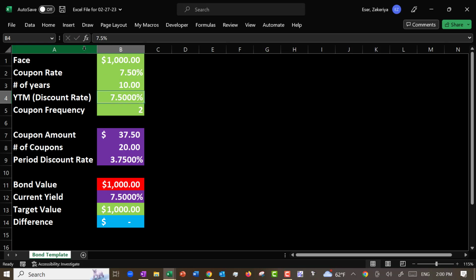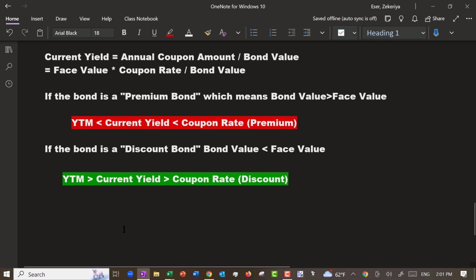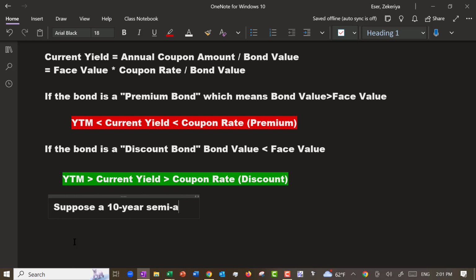Now let's ask ourselves different questions. Suppose a 10-year semi-annual 6% bond is trading at 105% of the face value.